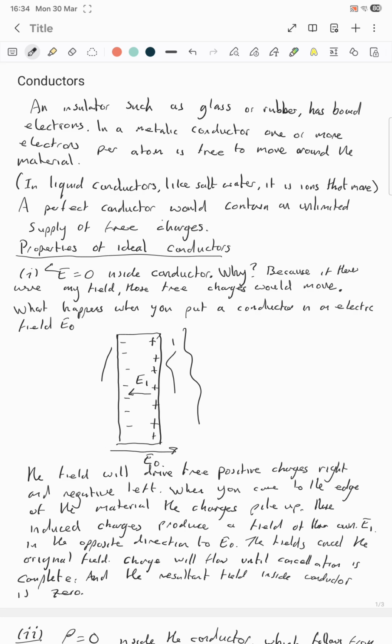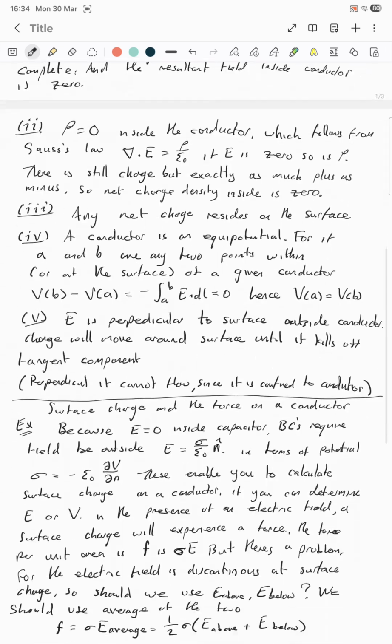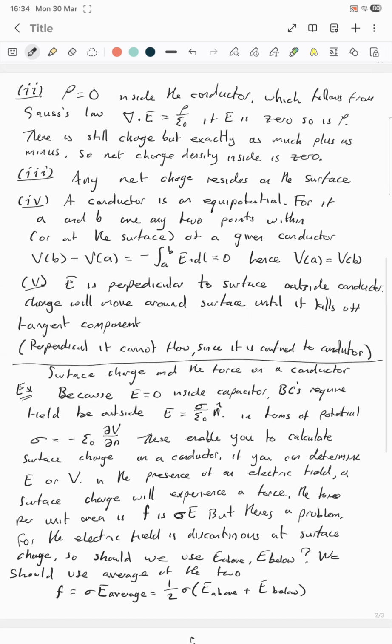Now the fields cancel the original field, so charge will flow until the cancellation is complete, and the resultant field inside the conductor is zero. Now for ρ equals 0 inside the conductor, which follows from Gauss's law here, if our electric field is 0, so is ρ.